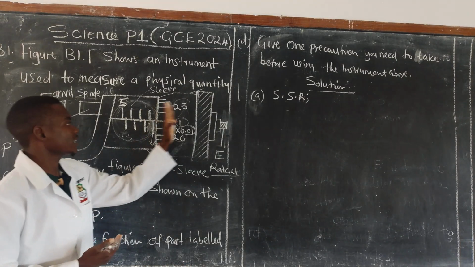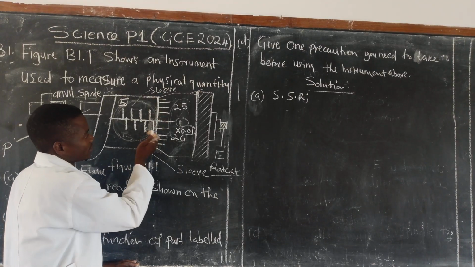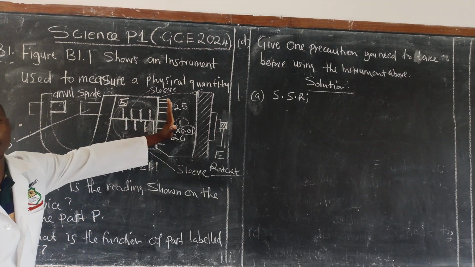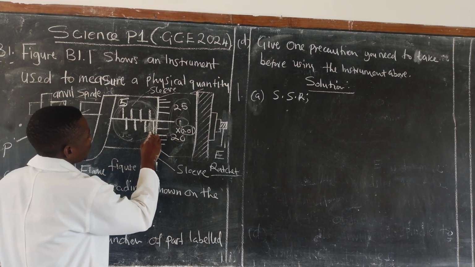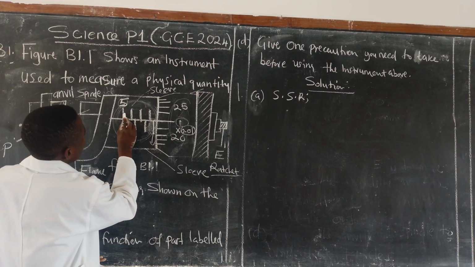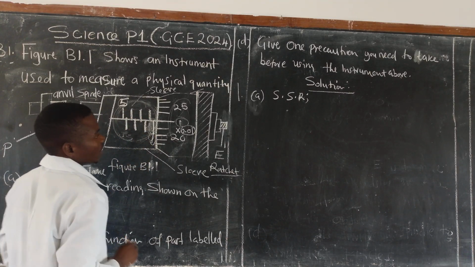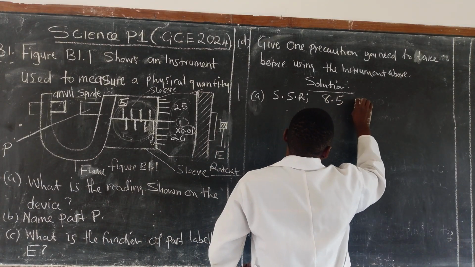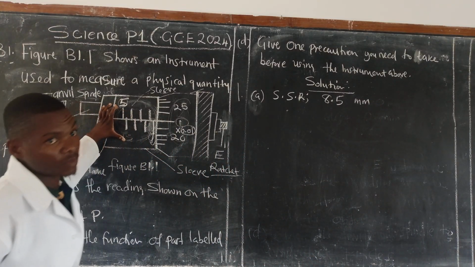We consider the last mark just before the thimble scale, either up or down, provided that mark is at the end. So in this case, we consider this mark, which is 8.5. So we have 8.5 millimeters. We are done with the sleeve scale reading.